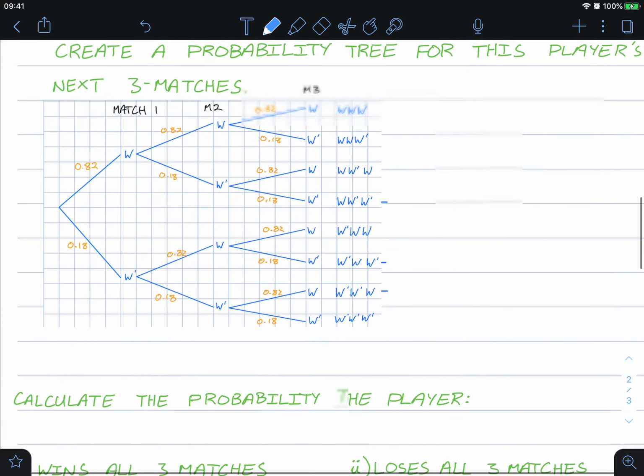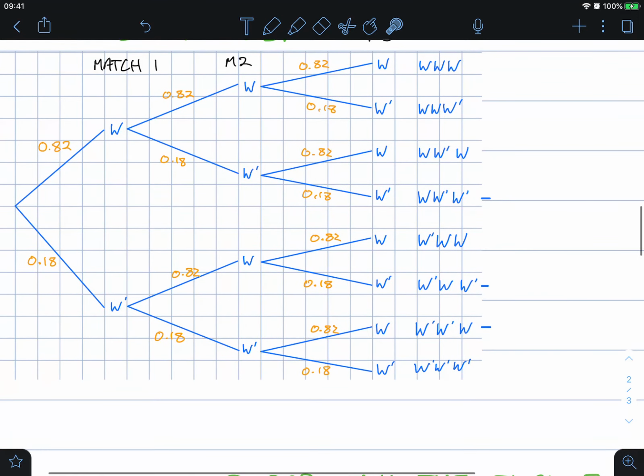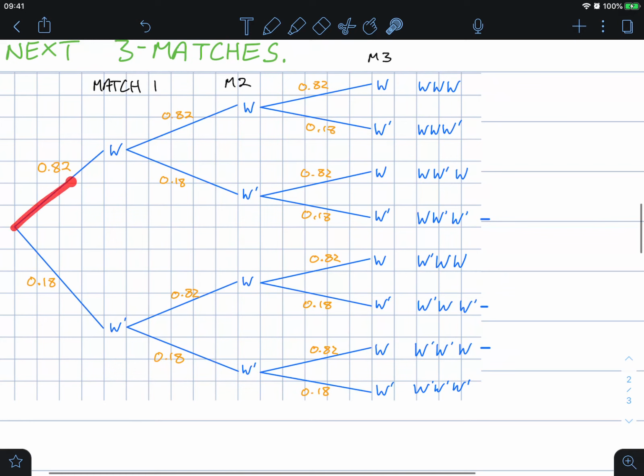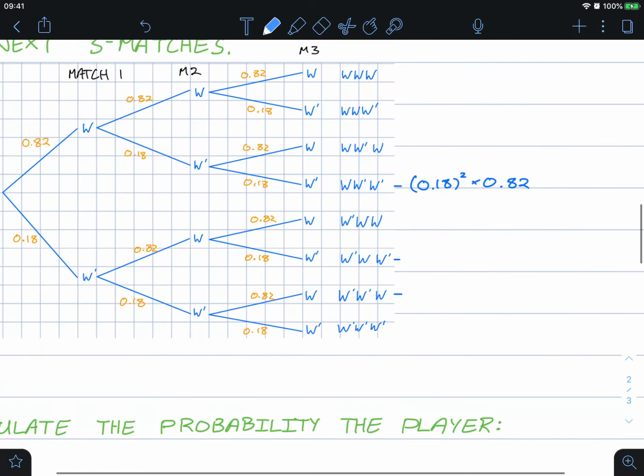There's this one. To get to this one, well, if you take a look, to get to this path, there's the win, 0.82 times 0.18. There's the first loss, times 0.18. There's the 2 losses. That's going to be 0.18 squared times 0.82.